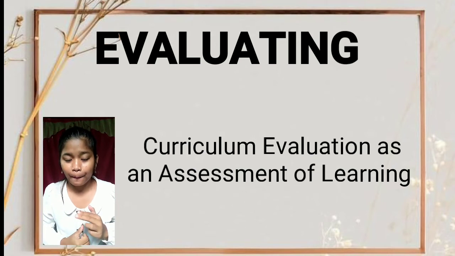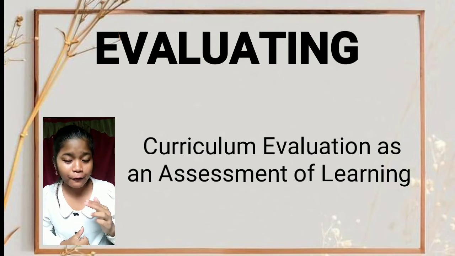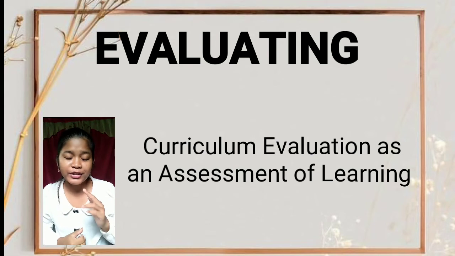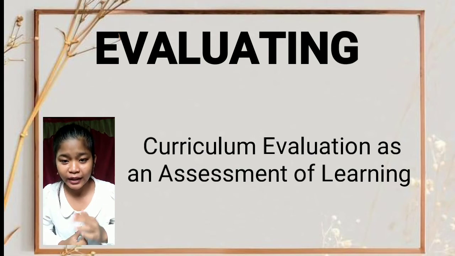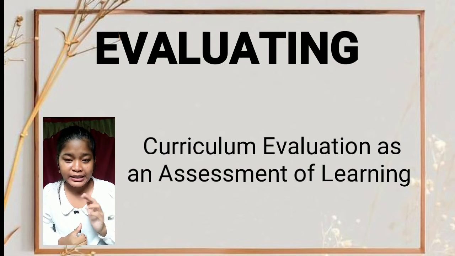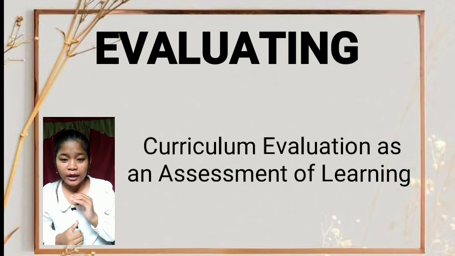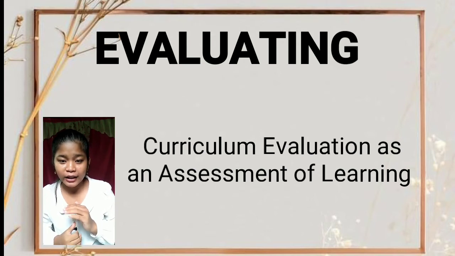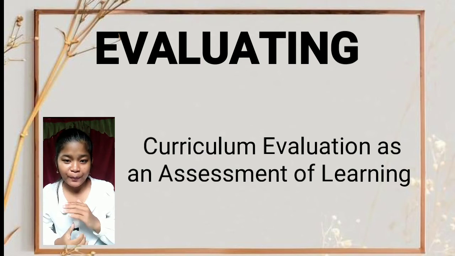It is ranked according to 5, 4, 3, 2, 1. When a student gets 5, that means that he is competent, and 3 means that he is capable, and when he gets 1, he is beginning. That means that she or he has a little or no understanding of what you have discussed on the topic.